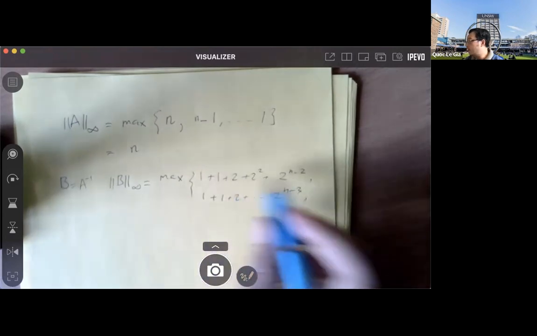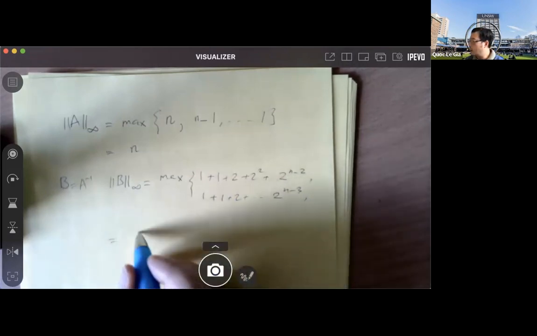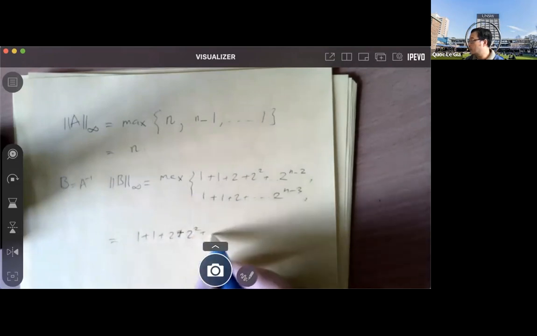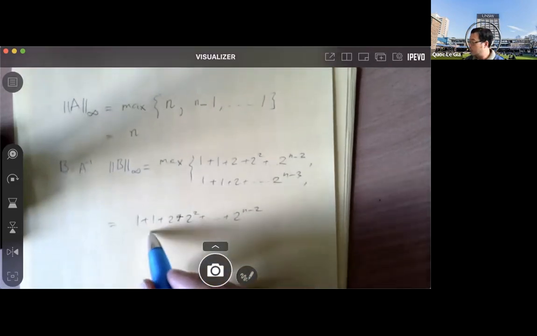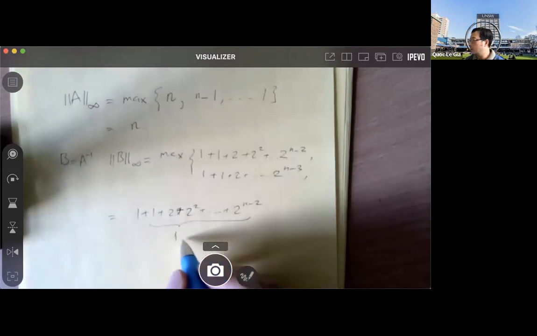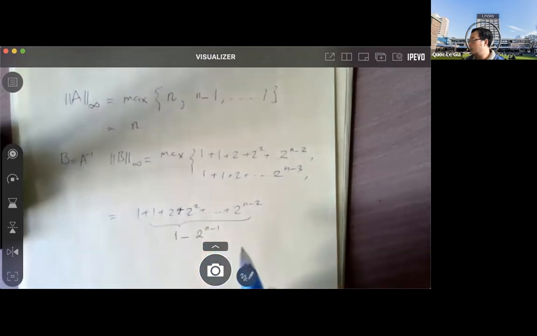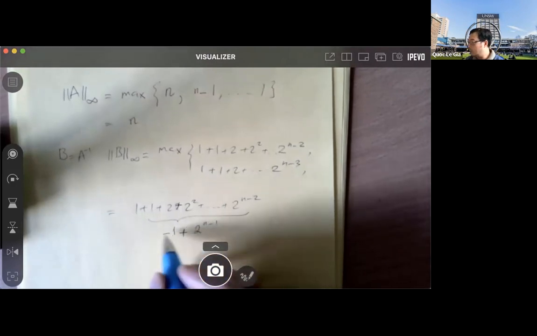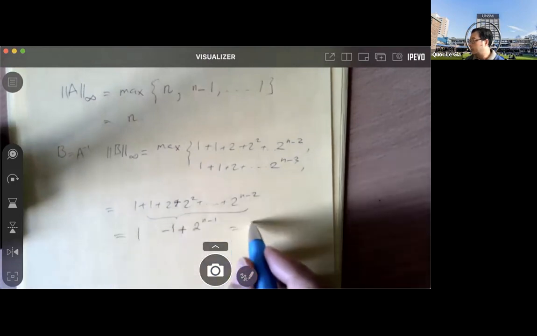So definitely the first row gives you the norm, right? So then it equals 1 plus 1 plus 2 plus 2 squared up to 2 to the n minus 2. And again, this one is just a geometric series, right? So that will be 1 minus 2 to the n minus 1, divided by 1 minus 2, so it becomes minus 1 plus like this. Okay, so it becomes 2 to the n minus 1.